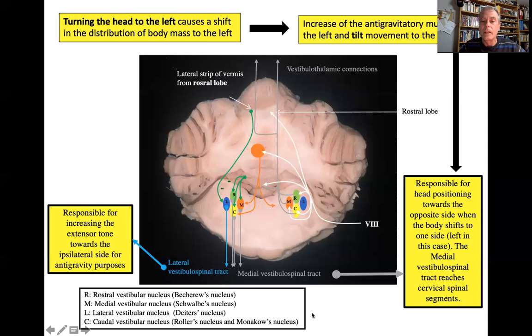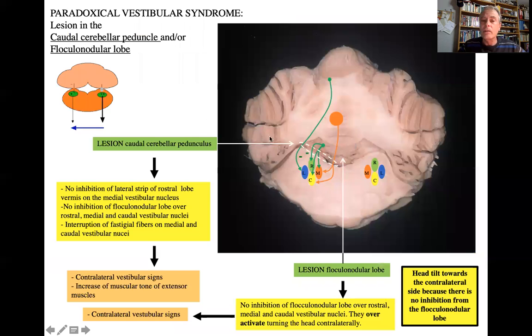Okay, so what's going to happen? If you have a lesion that affects the flocculonodular lobe, then the inhibitory activity of the flocculonodular lobe over the rostral, caudal, and medial vestibular nuclei that project through the medial vestibulospinal tract is exaggerated because there is no inhibitory activity.